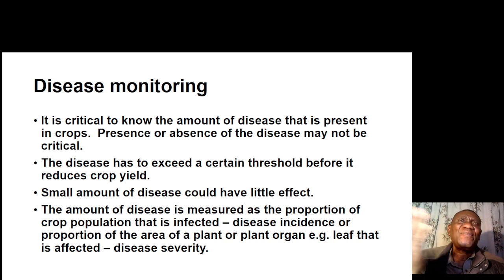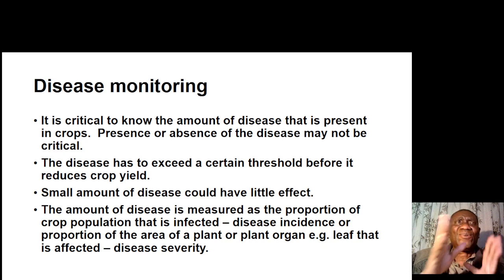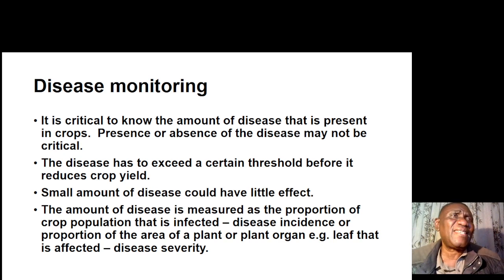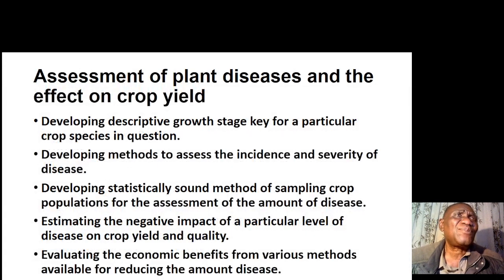We could have one plant with a high disease severity, yet the incidence of the disease is low in that field. So these are some of the things which we have to look at when assessing plant diseases, and the effect on crop yield.